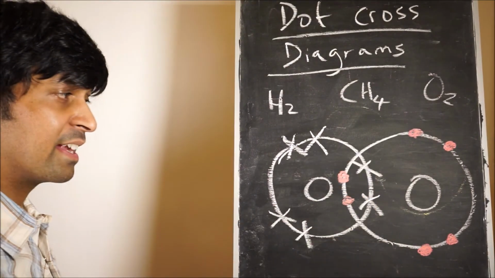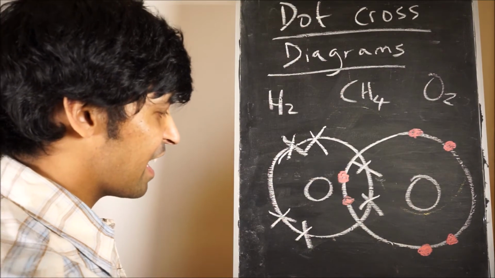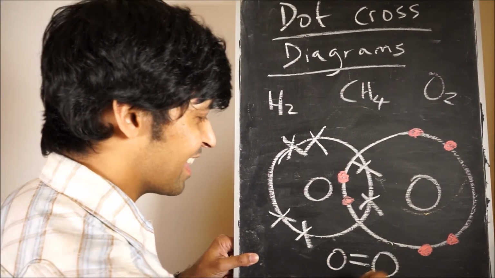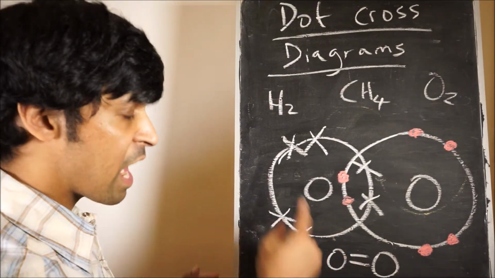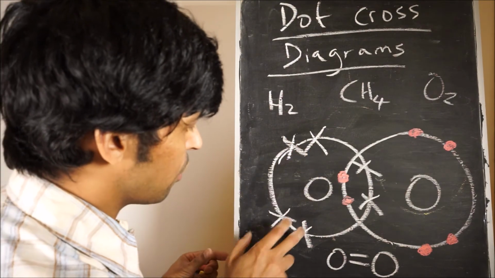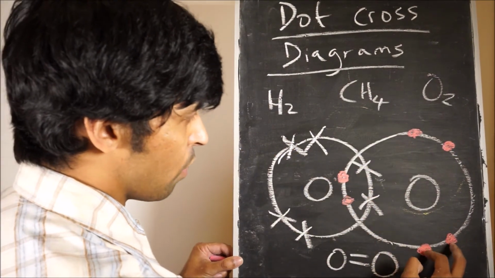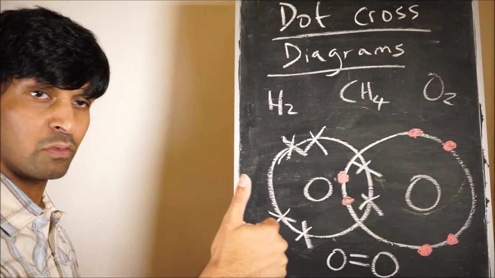So what's happening is you've got 2 pairs of electrons being shared, and you end up with a double bond like this. So each of these represents a pair of electrons, you see. So now if you have a look at this oxygen, you've got 1, 2, 3, 4, 5, 6, 7, 8. That's good. And this one has got 1, 2, 3, 4, 5, 6, 7, 8. So that's good as well.